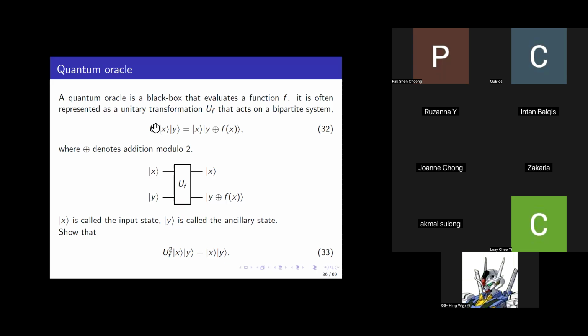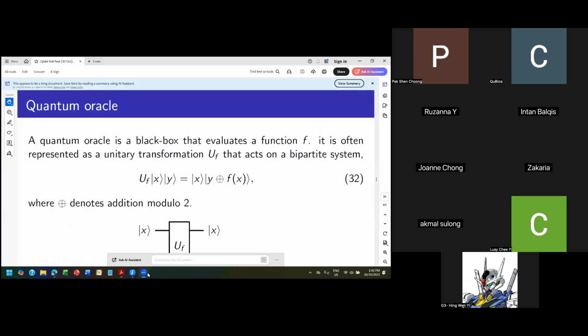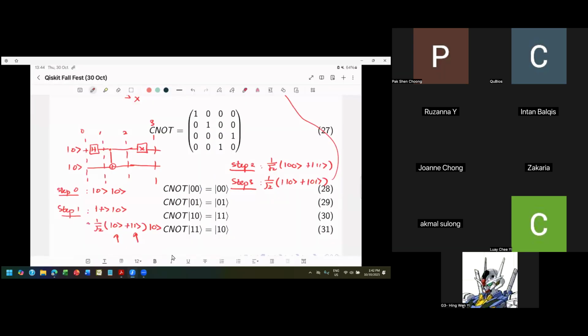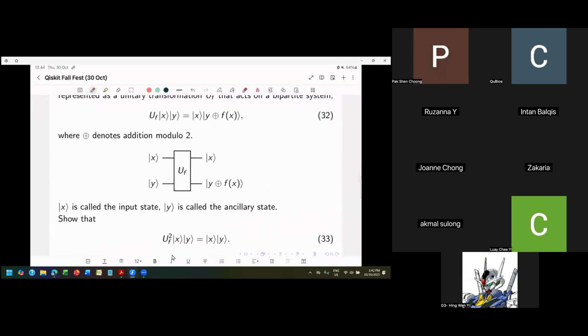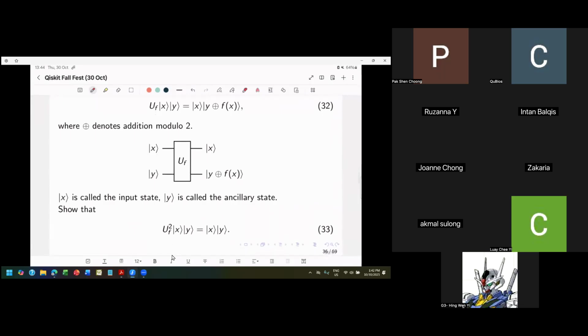Okay. So essentially, you can break this particular proof into two parts. Let's say f(x) equals 0, then when you do this, what you have is x, y modulo sum 0. And it is just y, right? Because 0 adds nothing to it.